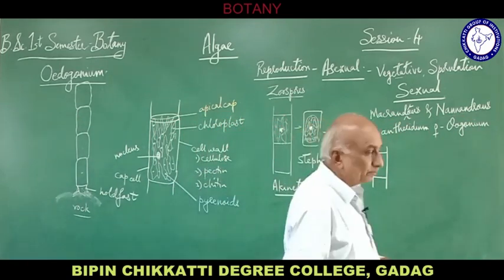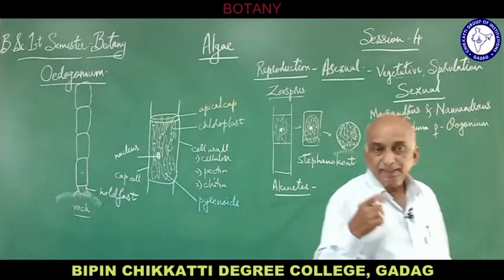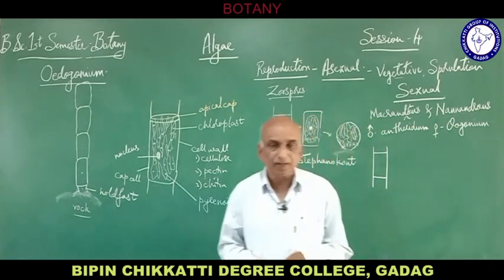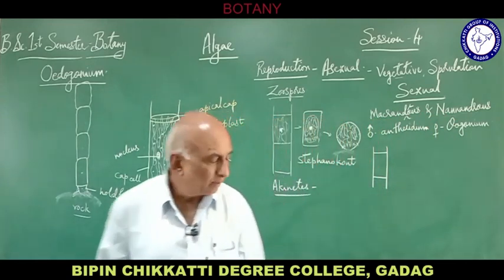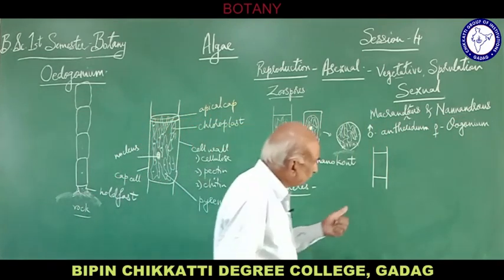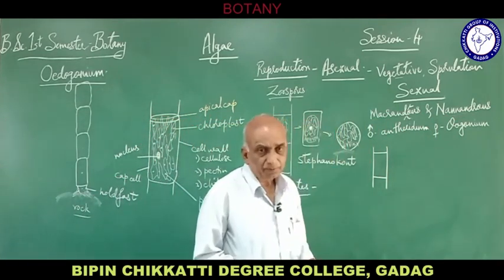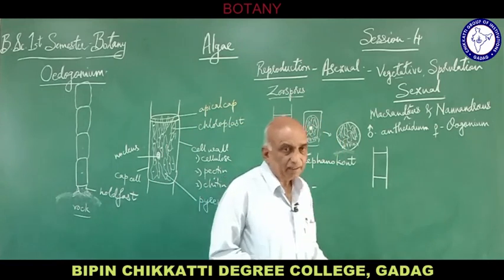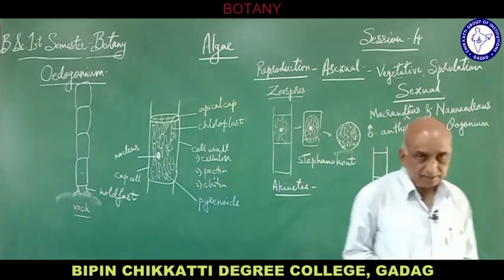Now the Anthridium is any cell of the filament. It functions like an Anthridium. So here the cell will store food material and it will divide by mitosis.